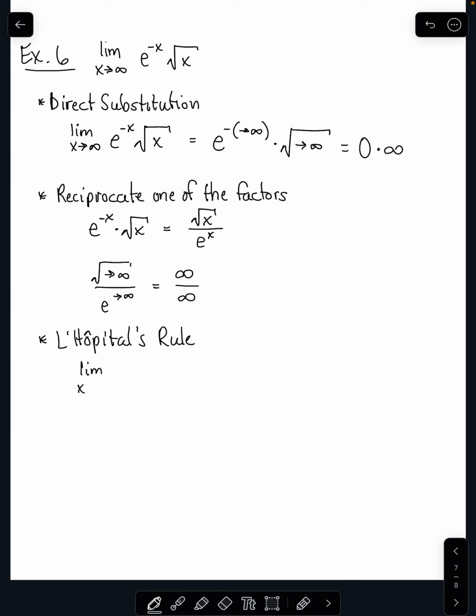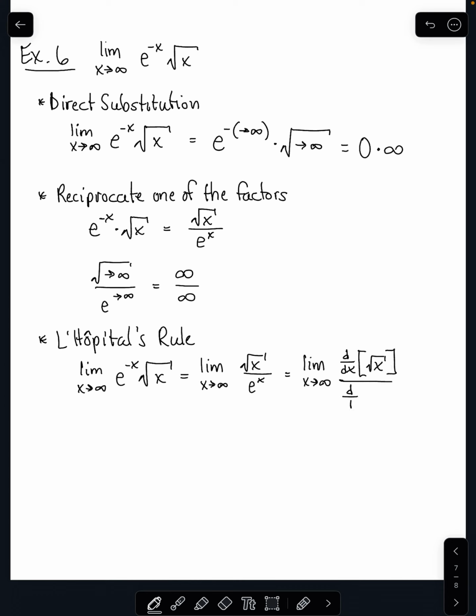So the original limit was e to the negative x times the square root of x, which we are now saying is equal to the limit as x approaches infinity of the square root of x over e to the x, which L'Hopital's rule in turn tells us is equal to the limit as x approaches infinity of the derivative of the square root of x over the derivative of e to the x.